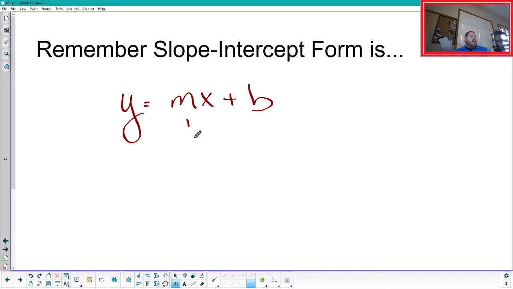Okay, and in this, we need to find our slope, and we need to find our y-intercept. Okay, those are the two things that we need to find. Those are our slope and our y-intercept, because y and x are going to be in almost every one of these equations as just stagnant variables.